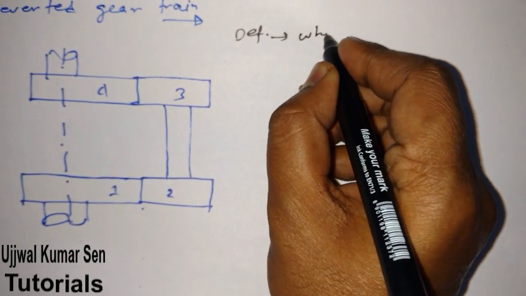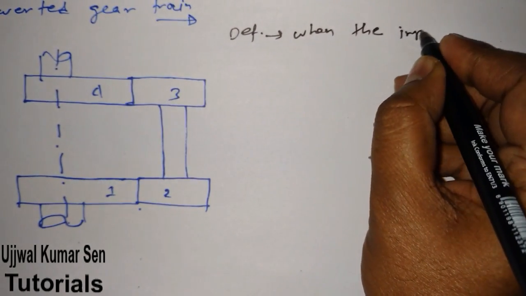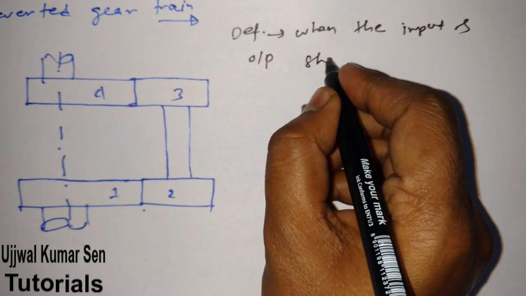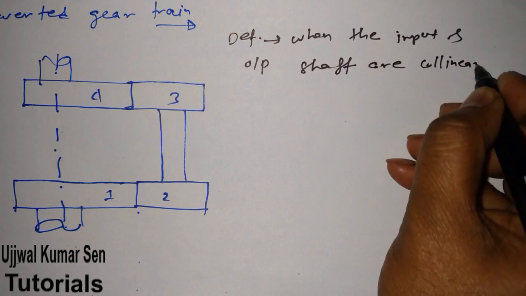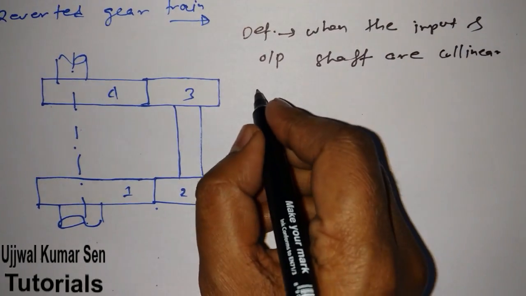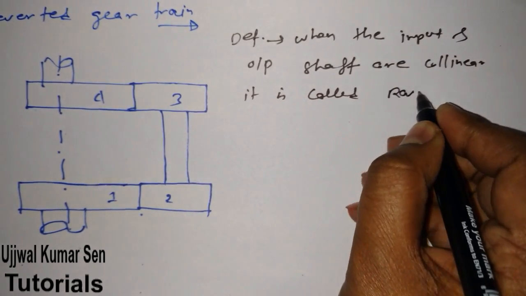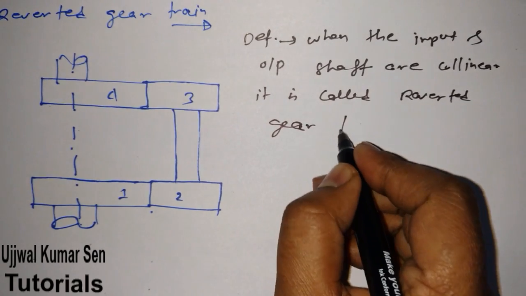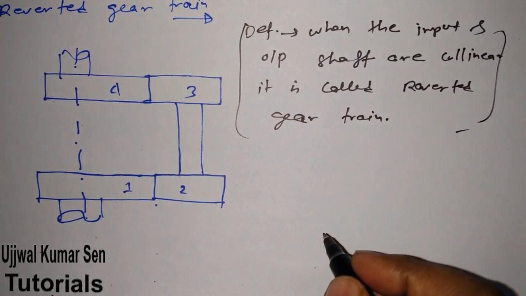The definition is: when the input and output shafts are collinear, it is called a reverted gear train.